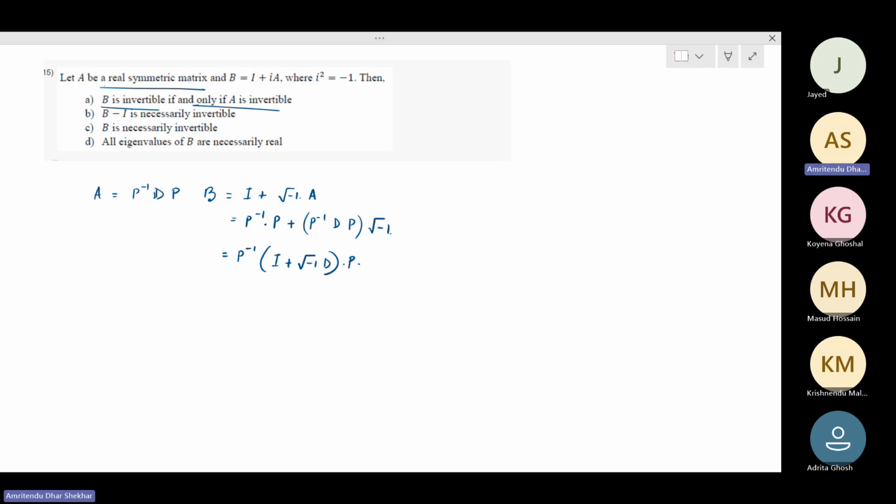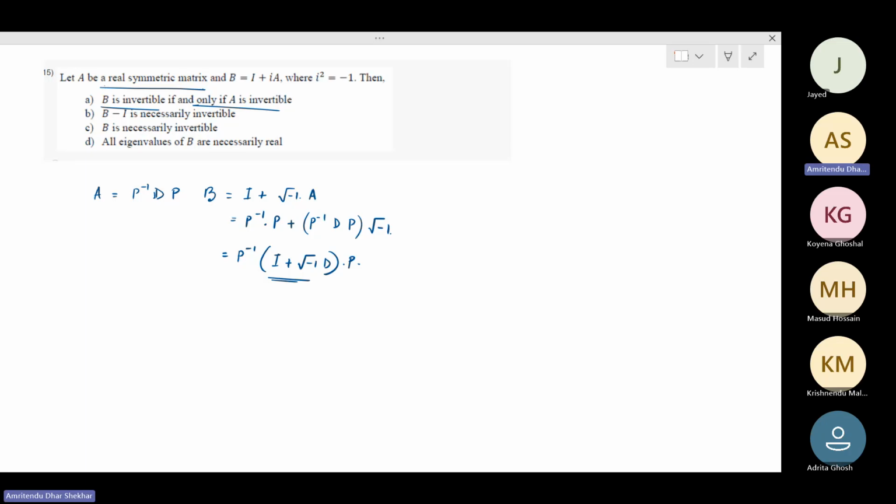Clearly, if A is invertible, then B is also invertible, because if you look at the entries of this diagonal matrix, all of them are non-zero. These are complex entries, and the entries on the diagonal are all non-zero.